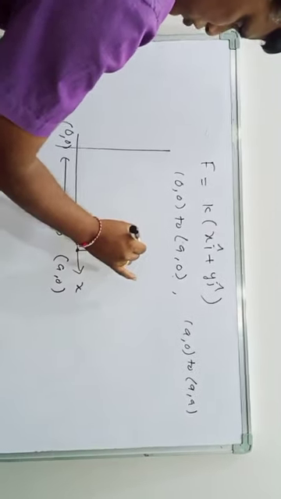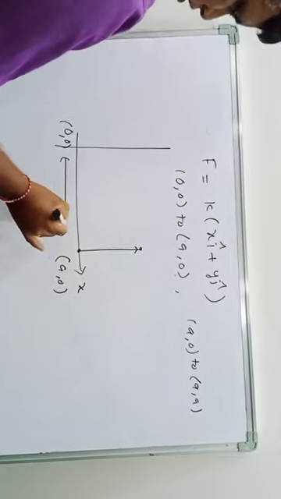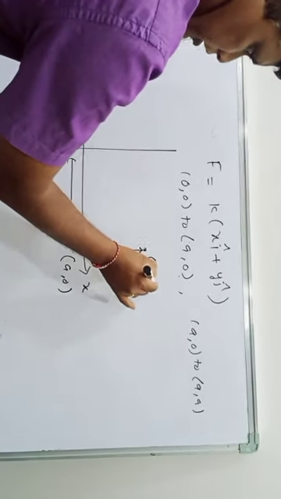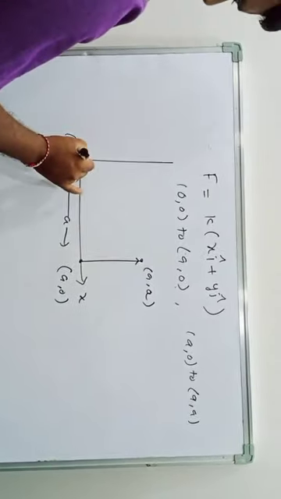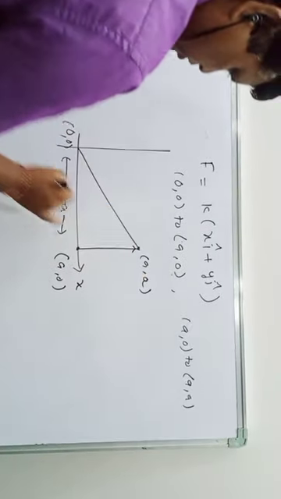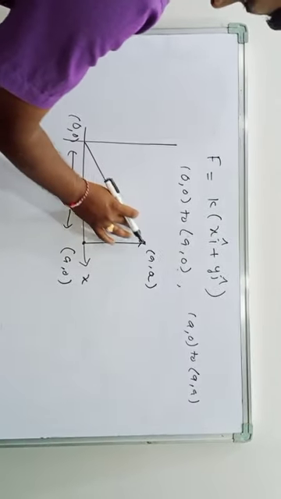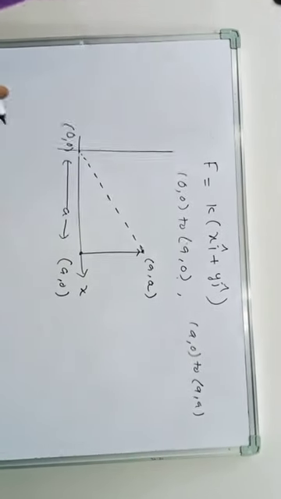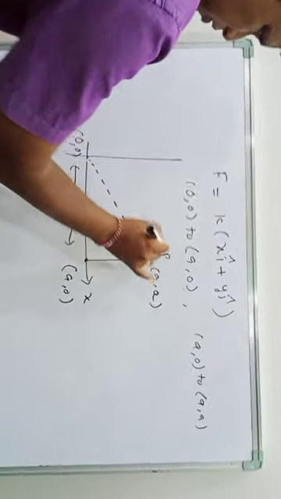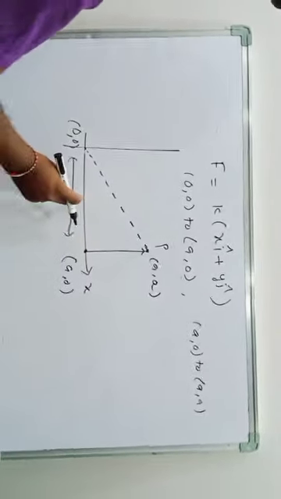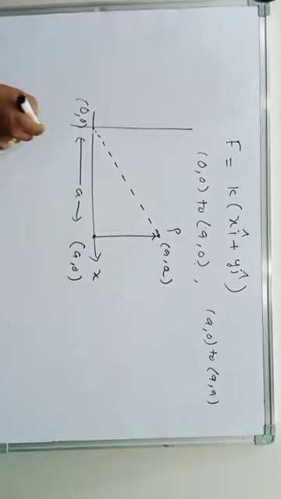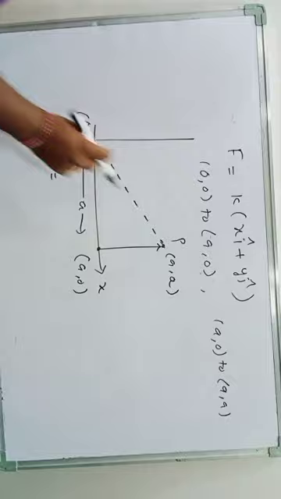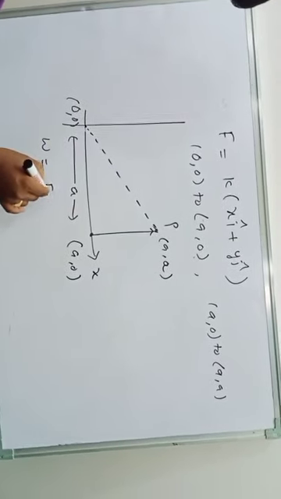Then it moves in the y direction, so the coordinate is (a, a). So if you take the displacement from the origin to the point P, therefore we can write the work done by the force acting on it, F dot S.